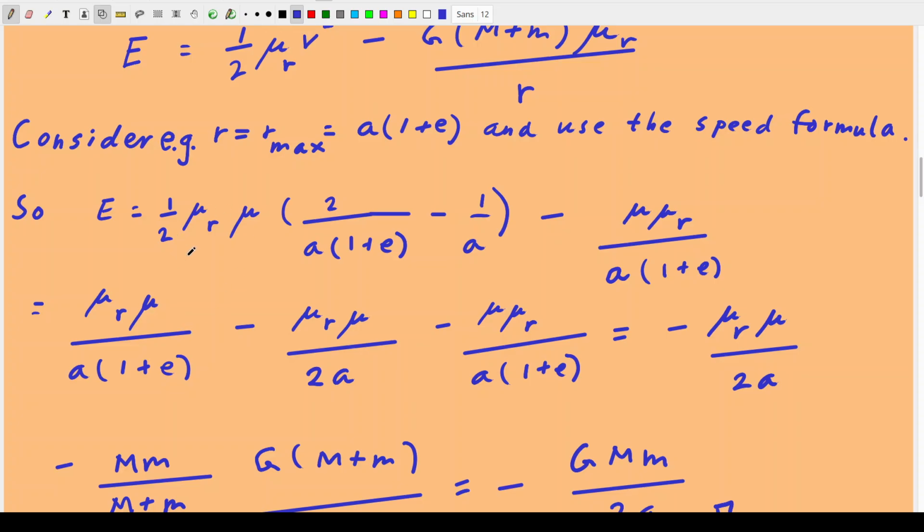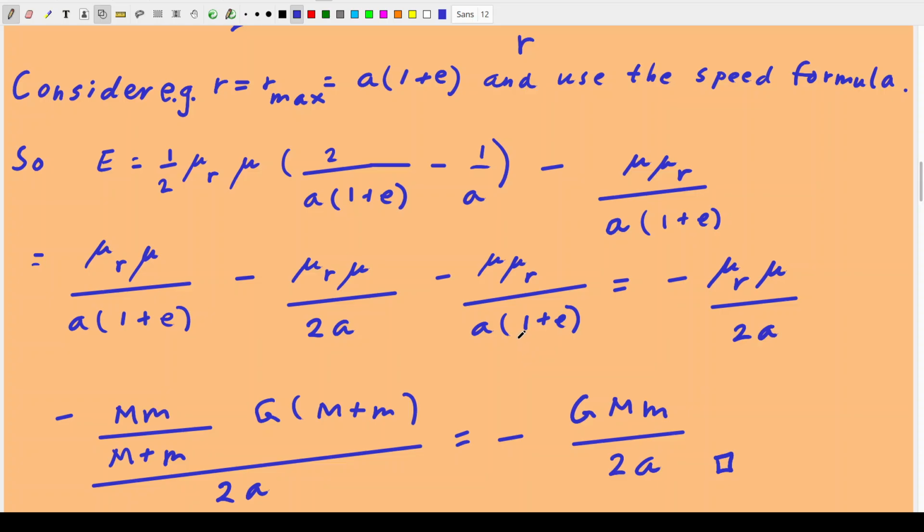And then let's see if we can simplify. This times this will be this term, and this times that will be that term, and then that term and that term cancel perfectly. So what we're left with is this.